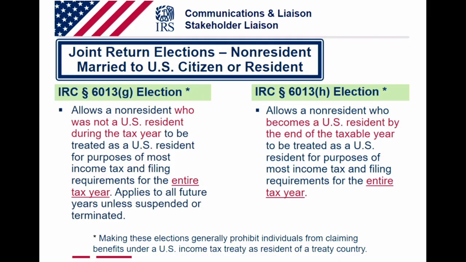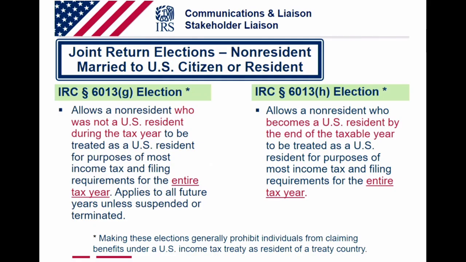Additionally, if both spouses begin the year as non-residents and then both become residents by the end of the year, they can make this election provided the other requirements are met. One of the major differences between this election and the joint return election under Section 6013G is that under the Section 6013H election, the non-resident spouse actually becomes a U.S. resident during the tax year.